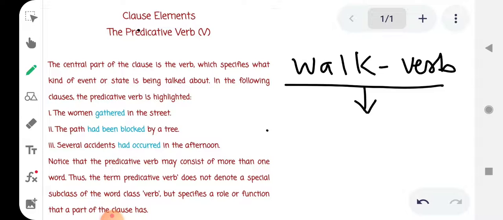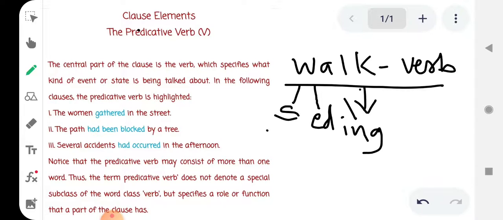What changes can be done? If it is a third person singular, we add s to it. If it is in past tense, we put ed to it. If it is in the present continuous tense, we put ing to it. If it has a passive voice, was or is or a form of be is used with it.